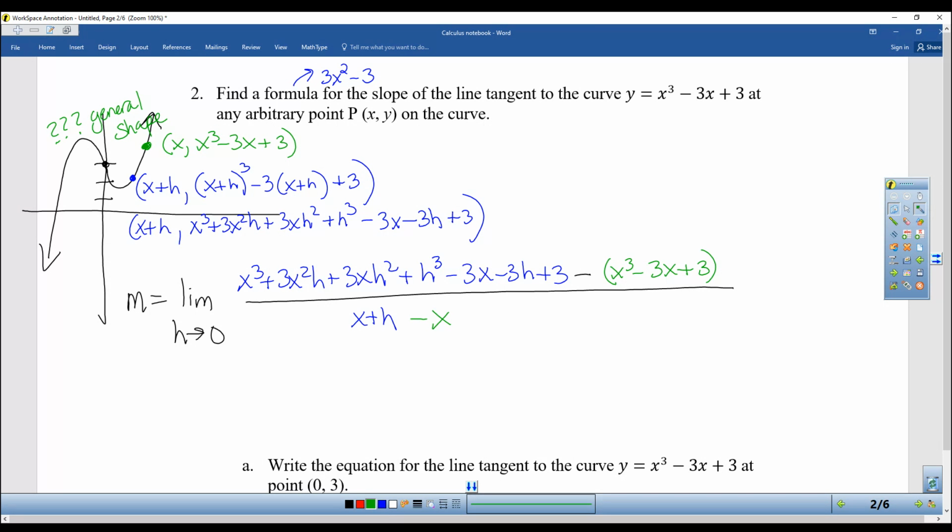Like I said, I know there's a bunch of you that are just writing h on the bottom. You can do that if you want to. But I like to see it as y2 minus y1 over x2 minus x1. It helps me.